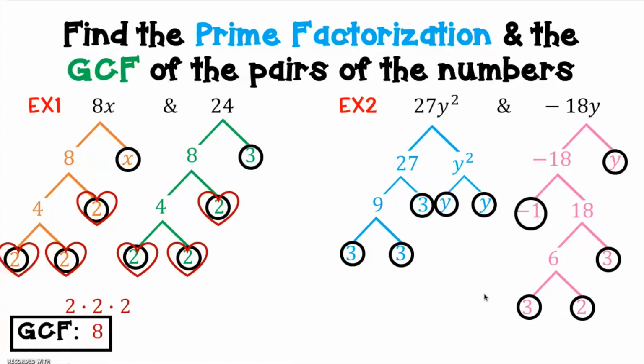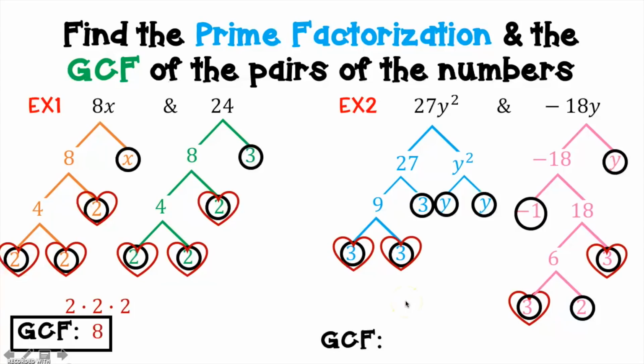In this case, we're going to go and look at our GCF, and we're going to look at the numbers and possibly even letters that they have in common. We know that they have a 3 in common, and this one you have to look for it because it's not in the same order, but you've got 3's. So far I've got 3 times 3, but we've also seen that we have a y in common, and that's good.